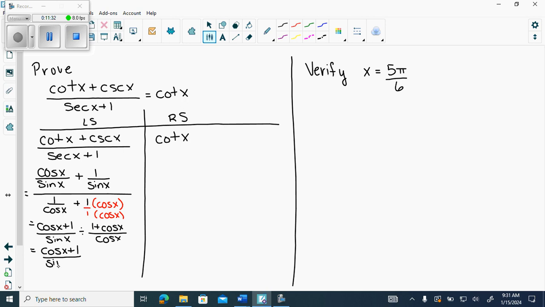And we get 1 plus cos x, and even though they're out of order, it doesn't matter because cos x plus 1 and 1 plus cos x are the same, which is cotan. And then when our images match, we say LS equals RS.